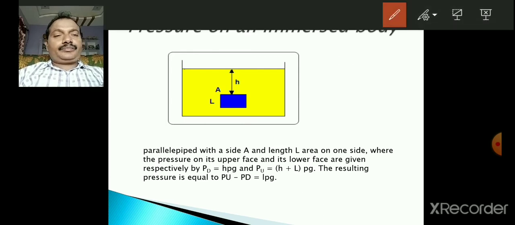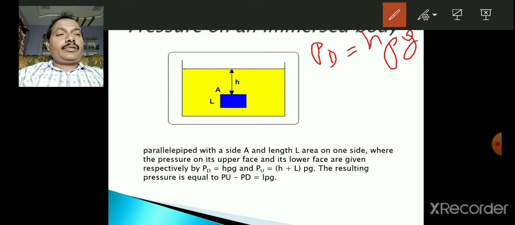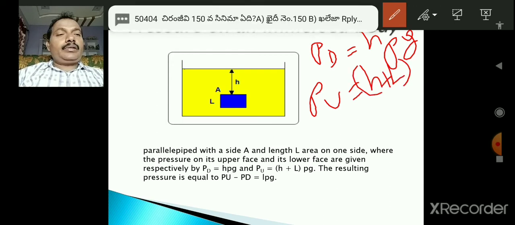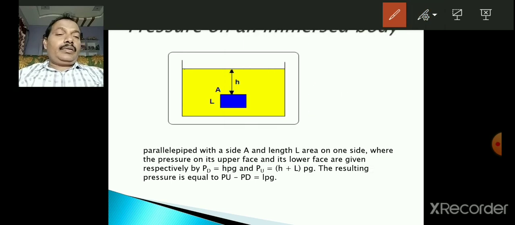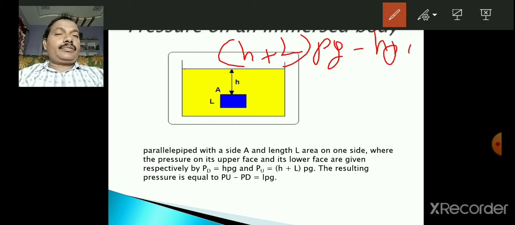Here, PD is equal to H rho G and P upper equals H plus L rho G. If you subtract these two, H plus L rho G minus H rho G, this is the differential pressure.